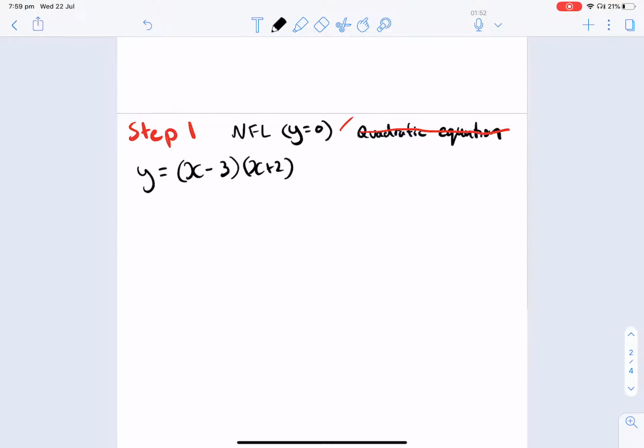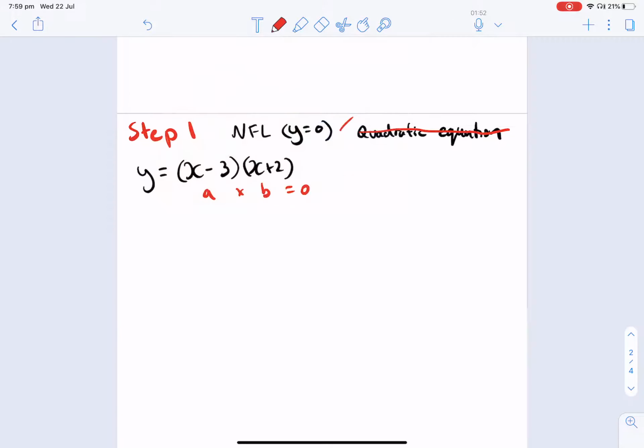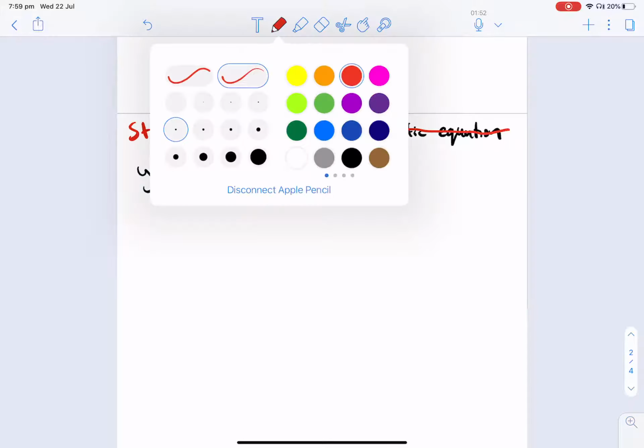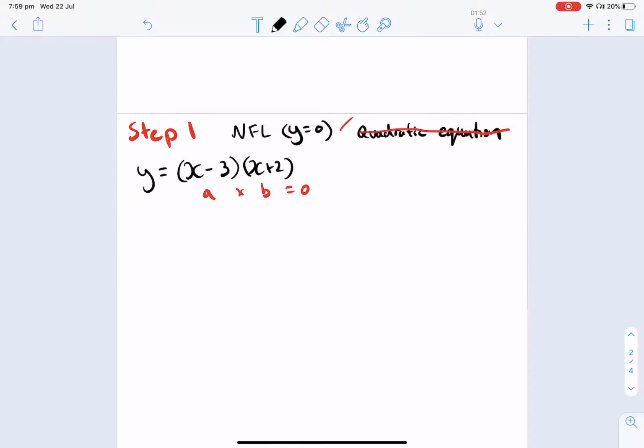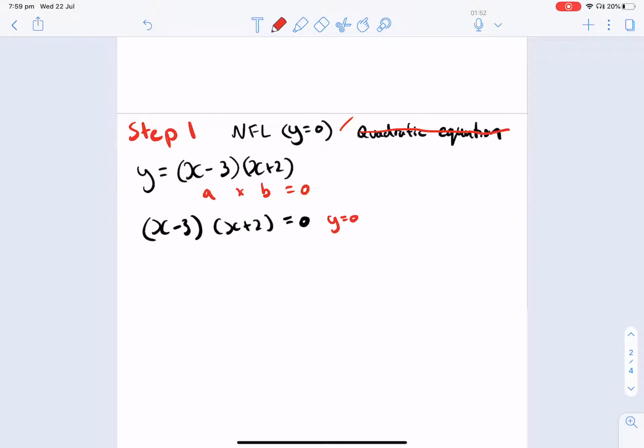So using this, remember, the null factor law says that a times b can equal 0, and therefore either a or b will be 0. So we're going to set our equation, x minus 3, x plus 2 equals 0. So we've made our y equal 0 from this point.